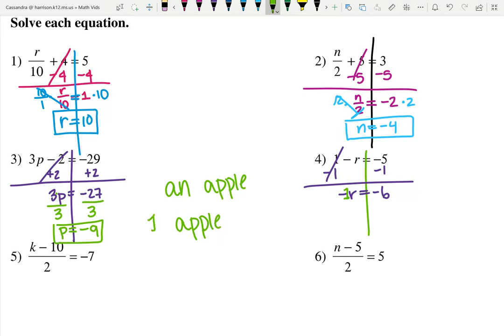We know that is 1 apple, okay? You don't always have to say 1 apple. You can just say, I have an apple, all right? Or I lost an apple. How many apples did you lose? 1 apple, okay? So there is a coefficient here. Don't freak out. The coefficient is -1, which means we're going to divide both sides by -1, leaving us with r equals negative divided by negative is a positive. 6 divided by 1 is 6, so +6.